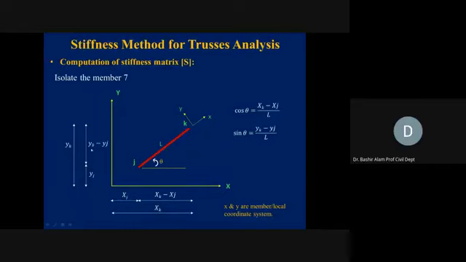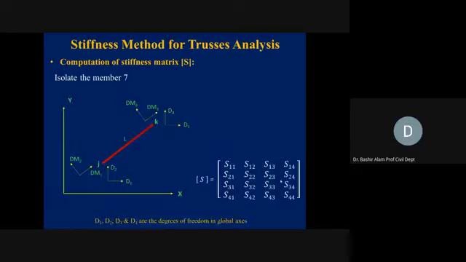So perpendicular is given here, YK minus YJ, divided by L. So onwards, we can relate this theta to the coordinates. If we find out the coordinates, we can replace the cos theta and sine theta with the help of those coordinates. Here you see the local axis, and here you see the global system. From now onwards, cos theta is XK minus XJ divided by L, and sine theta is equal to YK minus YJ divided by L.